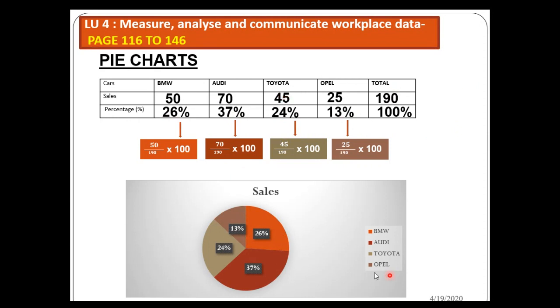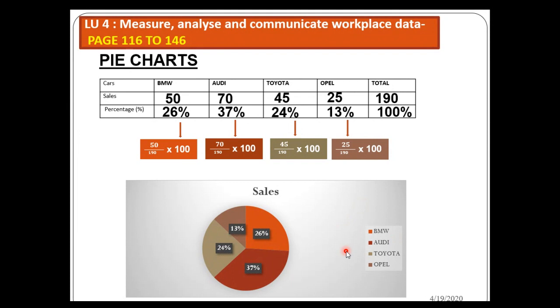And again, it's easier for me to know that this percentage, 26%, belongs to BMW. You can see here the color of the BMW. So this, in a nutshell, is how to present the information on the pie chart. Please, for more information, go and learn from the book.